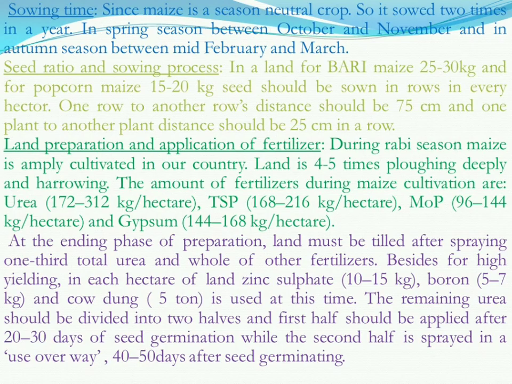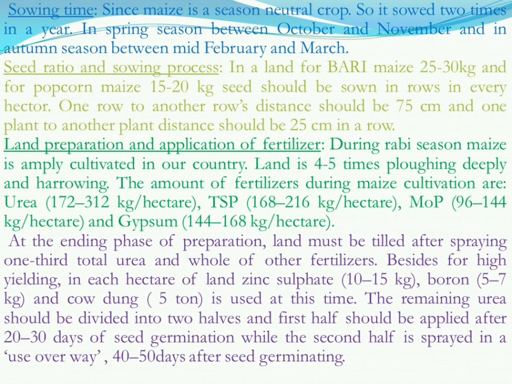And if we want high production, then we have to add zinc sulfate 10 to 15 kg per hectare, boron 5 to 7 kg per hectare, and cow dung 5 ton per hectare, at that time, that means after preparing the land.